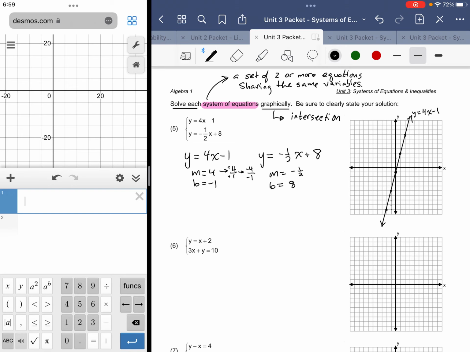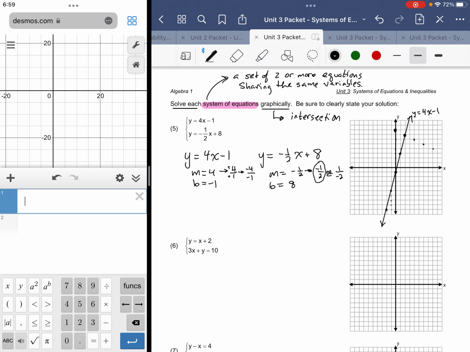Now our second line has a y-intercept of 8, so 1, 2, 3, 4, 5, 6, 7, 8. With a slope of -1/2. So that could be -1 over 2, or we could write it as 1 over -2. If it's the first case, that would be the same as saying down 1, right 2, down 1, right 2, down 1, right 2.